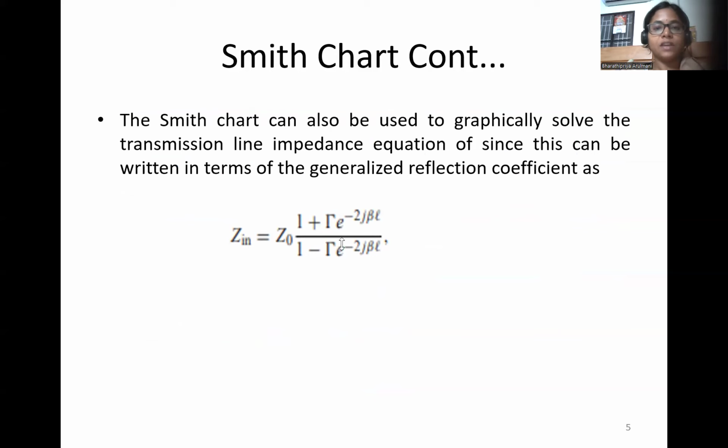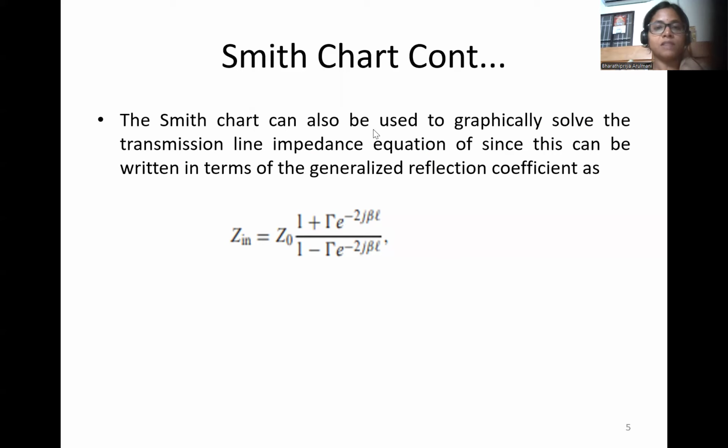In the same way, we can write the generalized expression as Z in equals Z naught times (1 plus gamma e power minus 2j beta l) by (1 minus gamma e power minus 2j beta l).